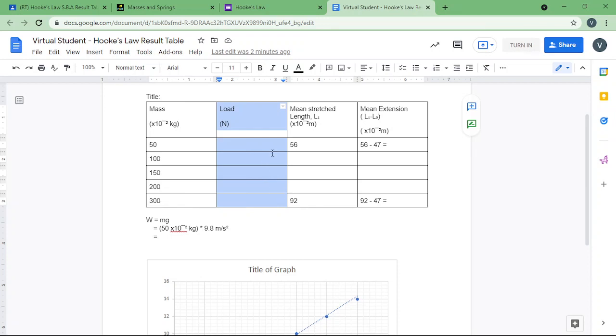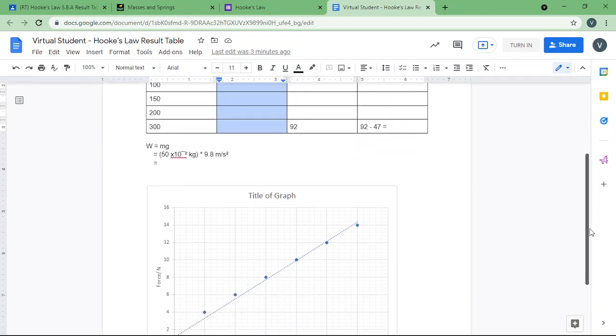It is very important that you make your scale. This value is on the y-axis, and this value is on your x-axis. If you do your calculations and you get the wrong values for your load, then your experiment is going to be incorrect.